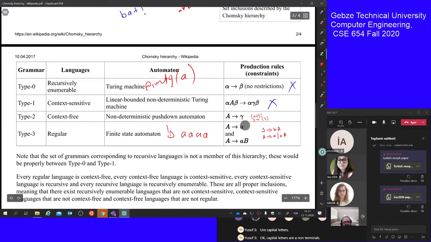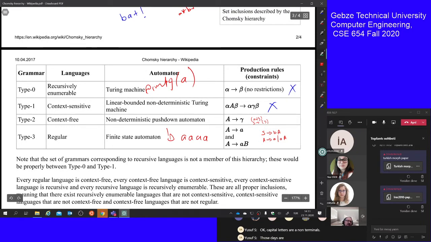Those a's are terminals. And those alphas and betas and gammas could be anything. So on the right hand side, if you have a terminal or a terminal and a non-terminal, this could be a regular expression or a regular language.